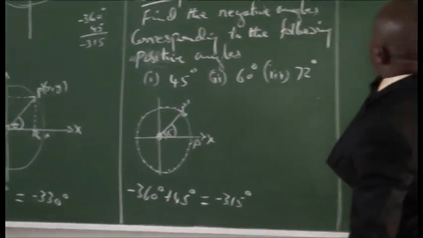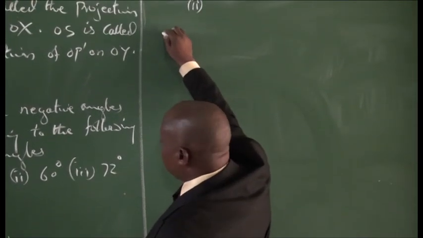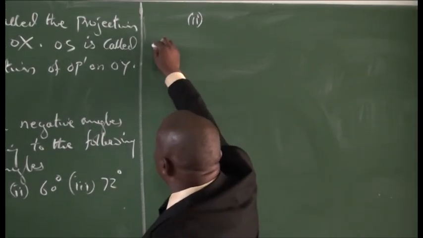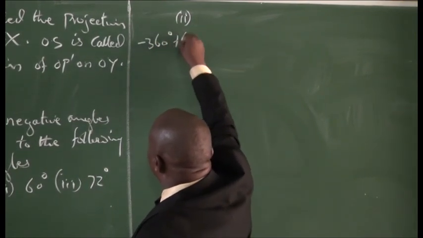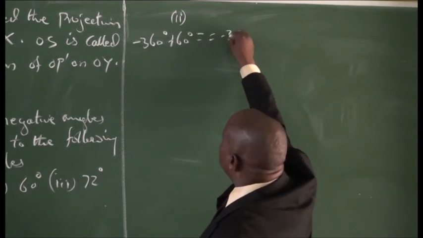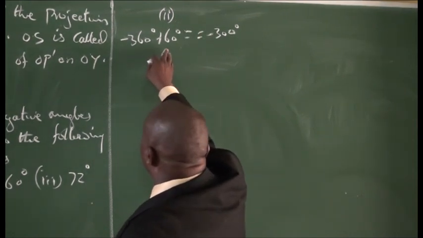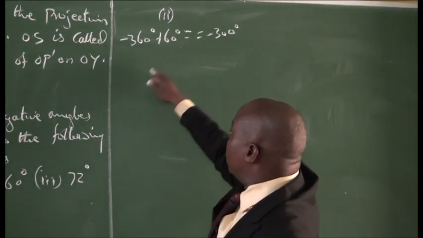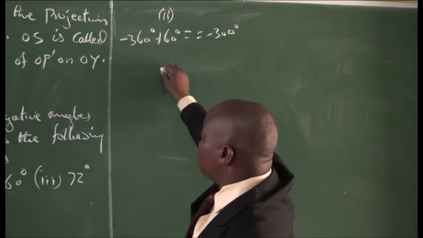Two is 60 degrees. So minus 360 degrees plus 60 degrees will give me minus 300 degrees. So that means in the first quadrant, 60 degrees is equivalent to minus 300 degrees.